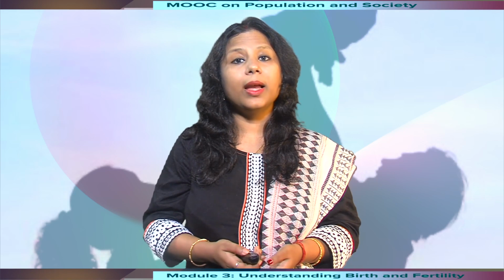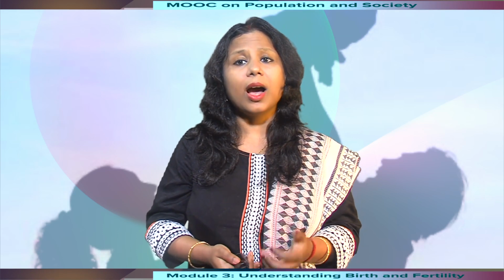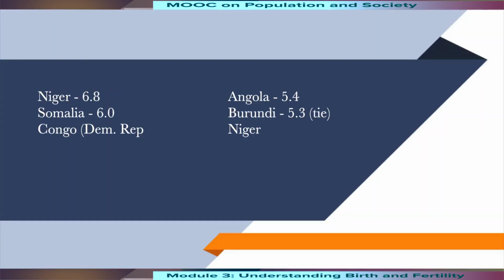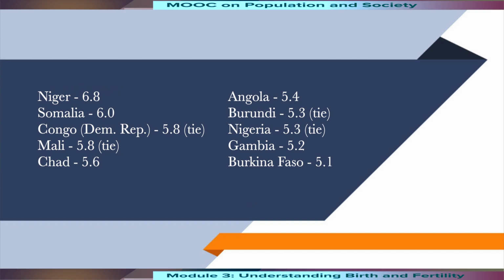According to World Bank data 2019, the countries which have the highest fertility rates are Niger, Somalia, Congo, Mali, Angola, Burundi, Nigeria, Gambia, Burkina Faso. These are the 10 countries which have the highest fertility rates as per World Bank data 2019.